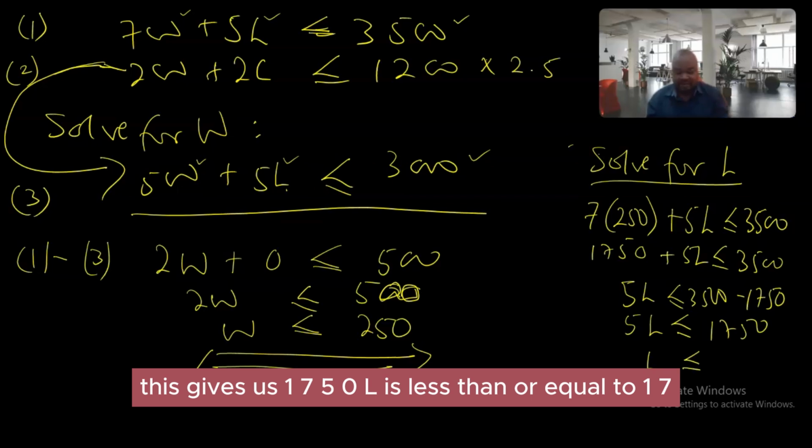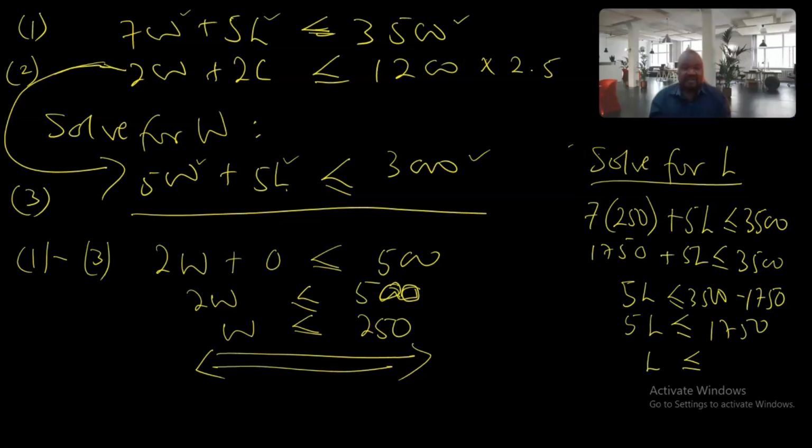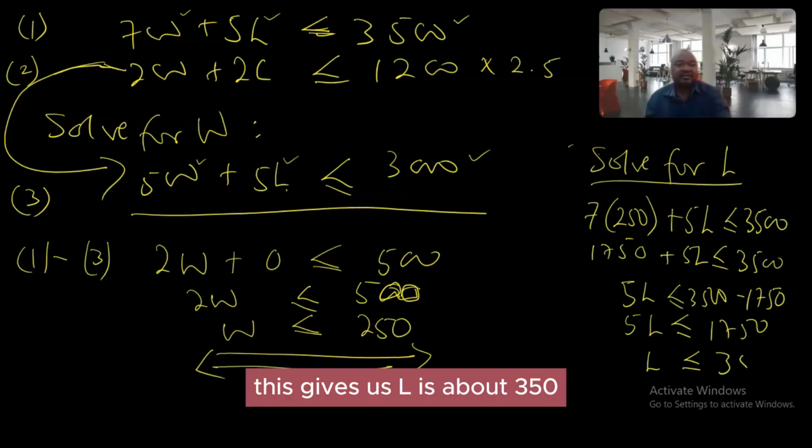L is less than or equal to 1,750 divided by 5. This gives us L equal to 350.